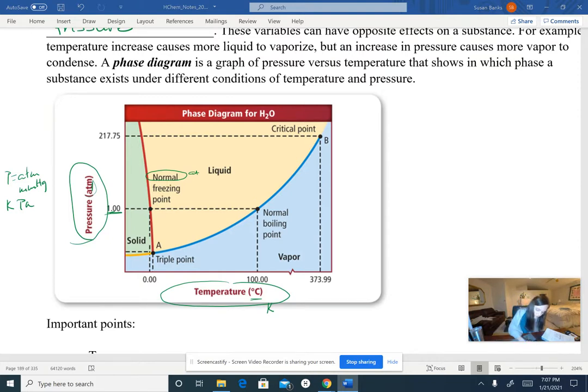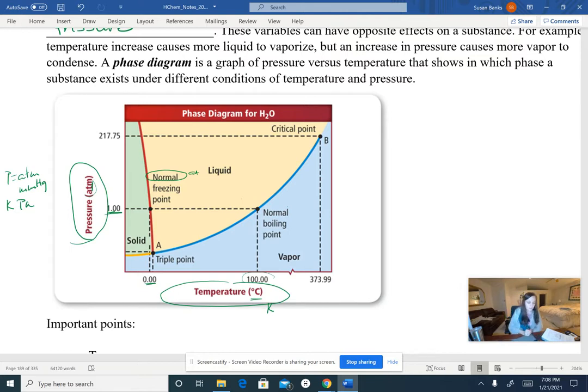Okay, so notice at my normal, at 1 atmosphere, my freezing point is indeed 0. And where I go from a solid to a liquid at that pressure is 0. And if I go along that pressure to a higher temperature, at 100 degrees, I do indeed hit the liquid to vapor line where things will boil.